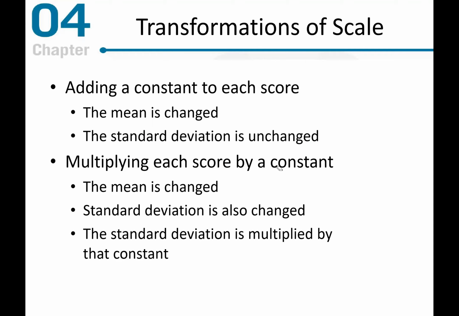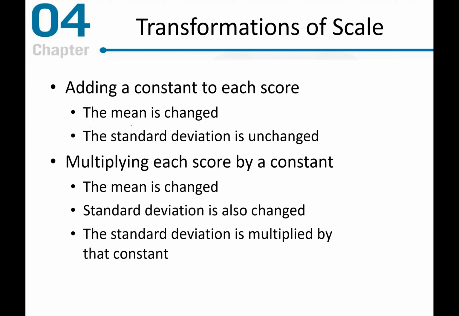If we add a constant of, let's say, 2 to each score, the mean changes by that same constant, so we would add 2. However, if we add a constant to each score, the standard deviation is going to remain unchanged.